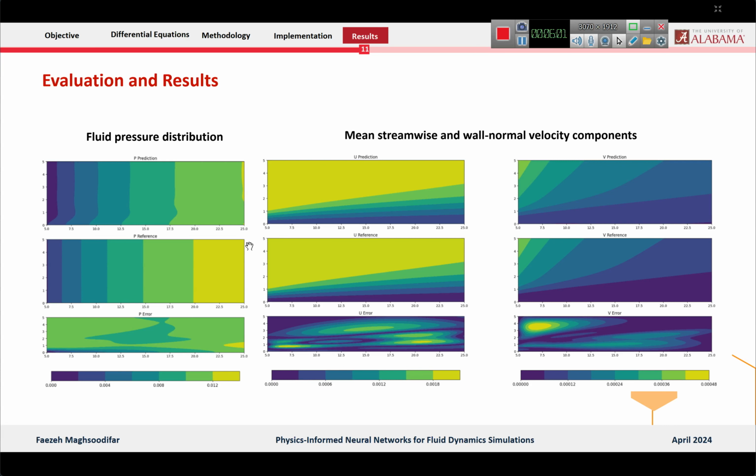In the first one, we can see the model's ability to predict the fluid pressure. The result includes a side-by-side comparison of the predicted pressure distribution against reference data.